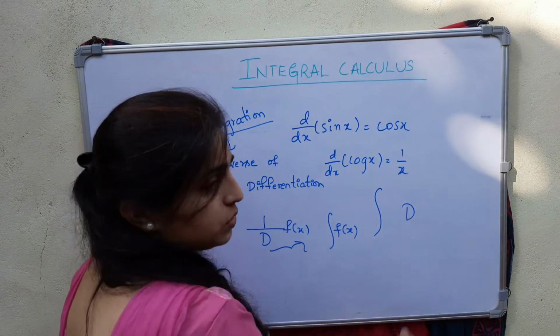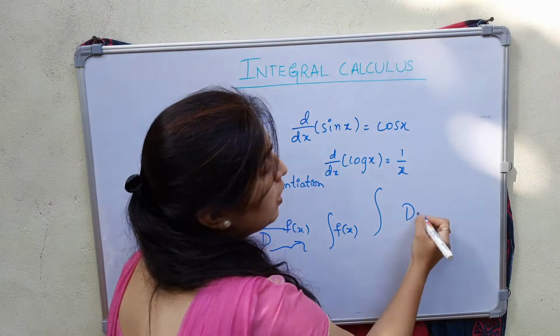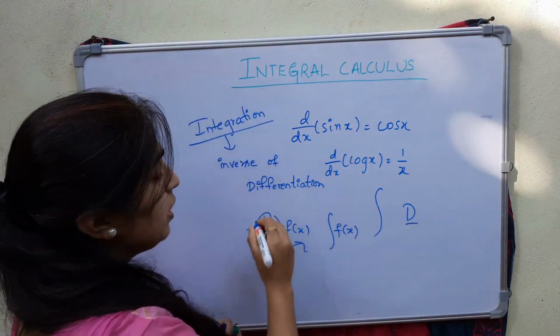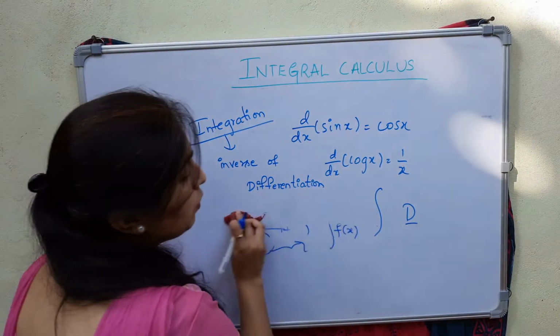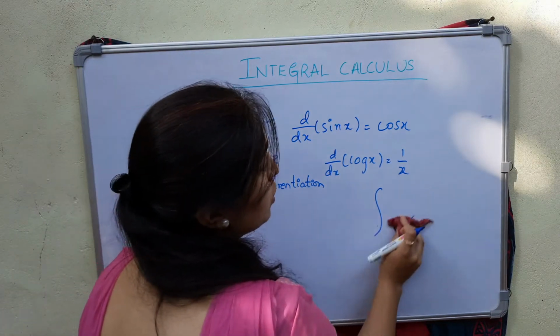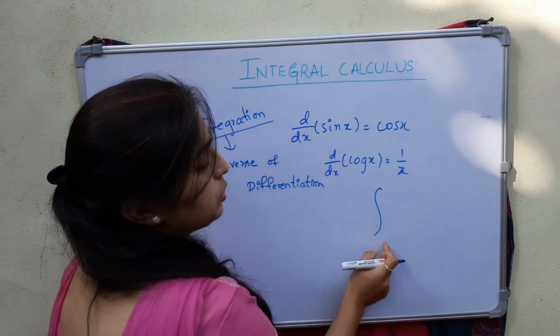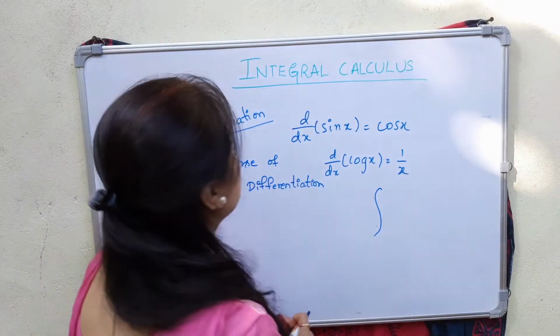We normally use d for differentiation, so 1 by d would be for integration, but now we will be using the stylish S for integration. This is the integration symbol.